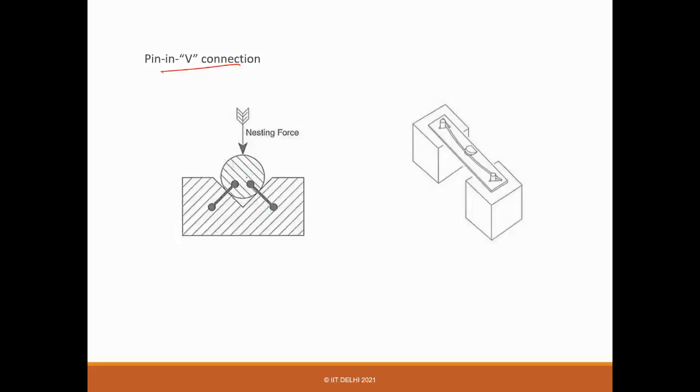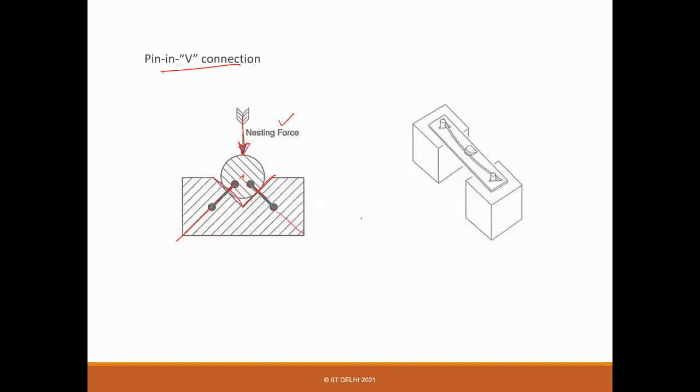If you have a V block and you make a connection, then you know these are the constraint lines passing through the center. This is the center of rotation, so it can rotate. And once you have this nesting force there, that makes sure that there is always contact. And if that is achieved, you don't have any uncertainty.